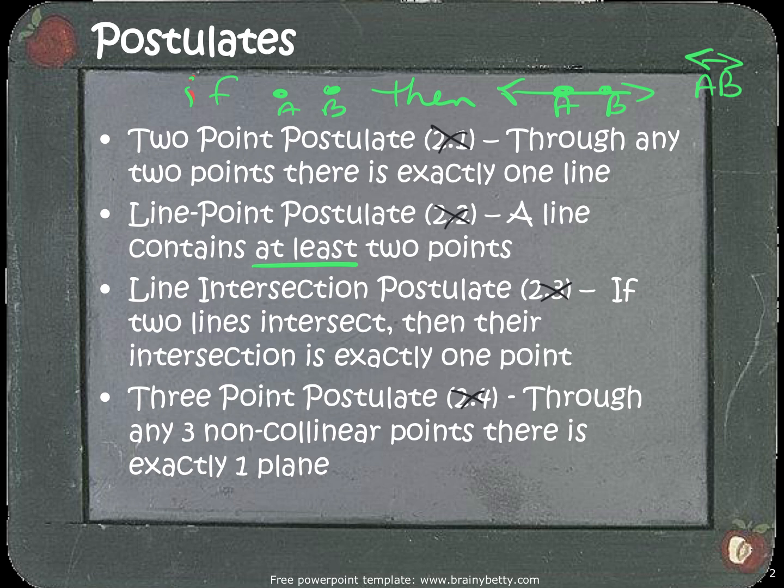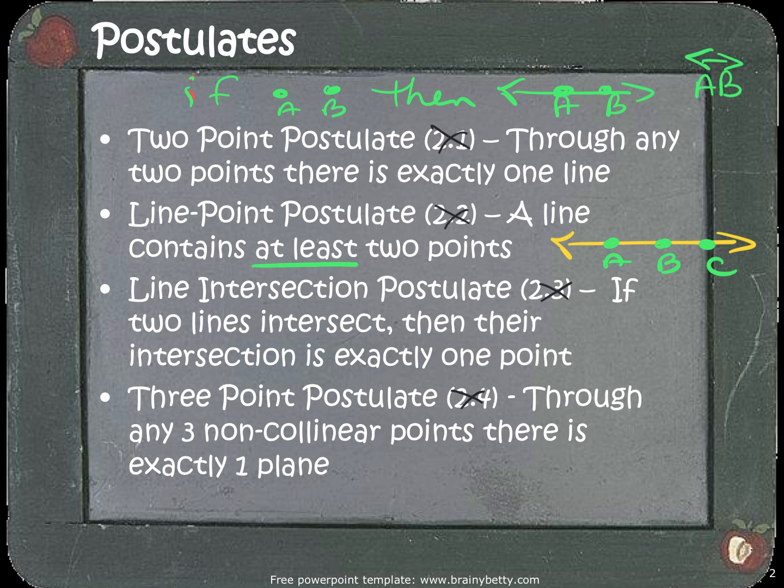So if I drew a line here, and I had points A and B again, technically it could also have C, it could also have D. You need a minimum of 2 points to name a line or on a line.